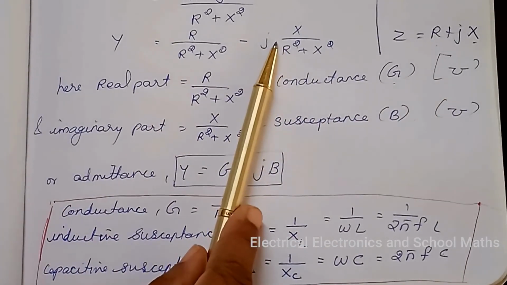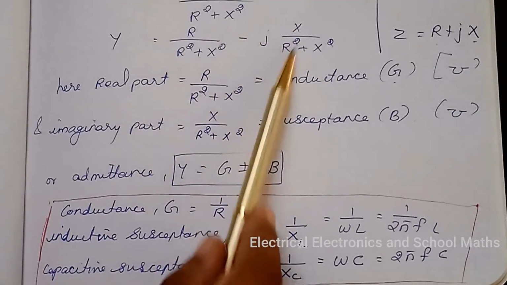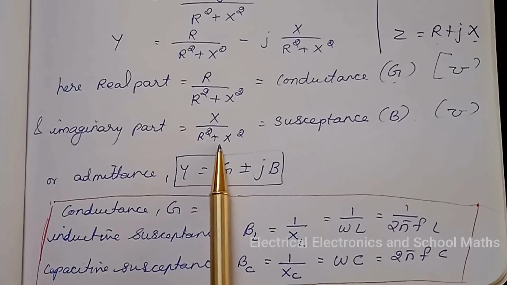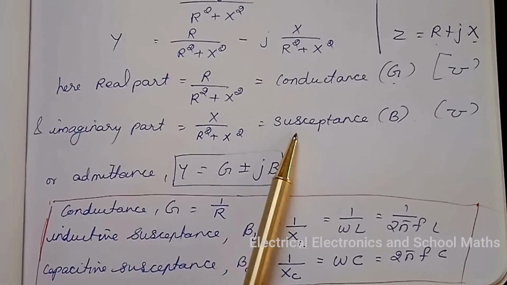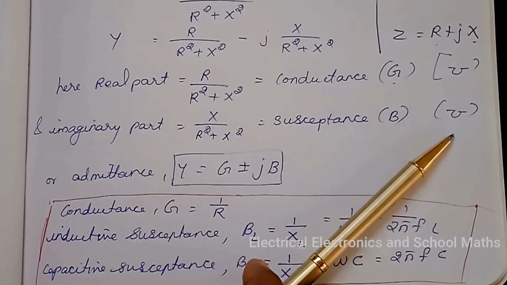And it also has a second part called the imaginary part, X by R square plus X square, is called the susceptance represented by the letter B. Also its unit is mho.